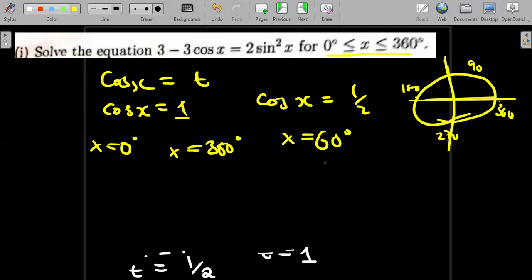And also when x is equal to 300 degrees, cosine is going to be half.